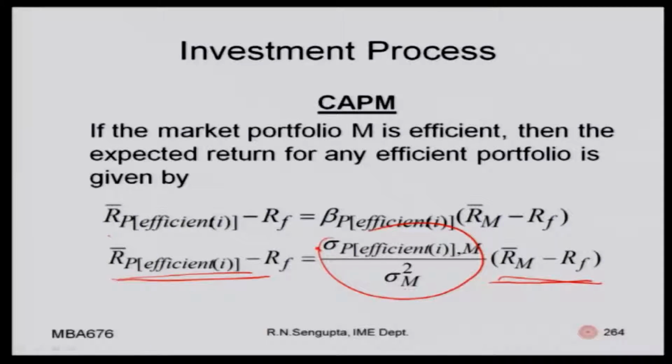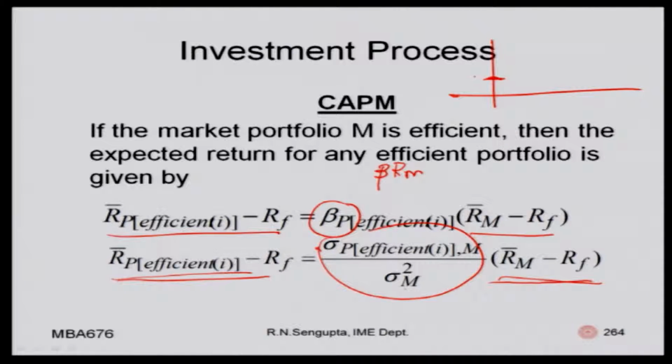Another formula would be exactly the same. Here, the excess return of the portfolio or any particular asset is equal to, if you remember and go back to this formula initially, beta into Rm. So, exactly the same. This is the tangent, and this is the excess return of the particular market with respect to the portfolio. If you have a particular straight line, this is the excess return, this is RP minus RF, where RF is given, which is the risk free interest rate, and if you take it on the left hand side, you have the excess return and you have the tangent.